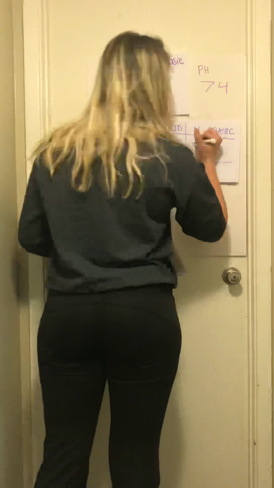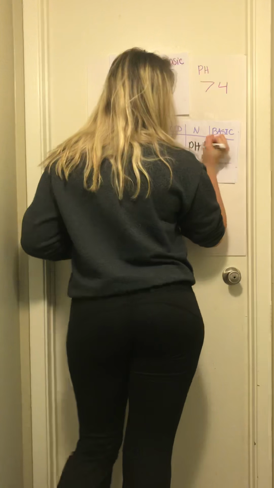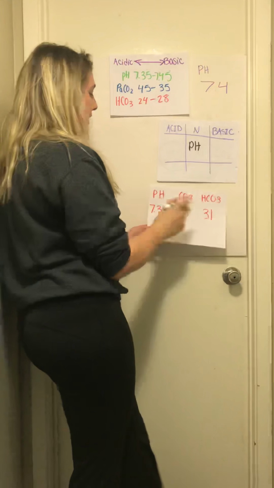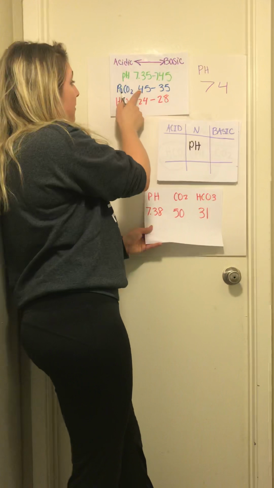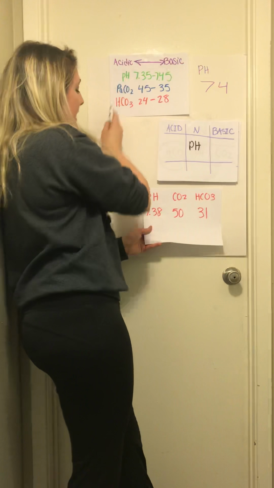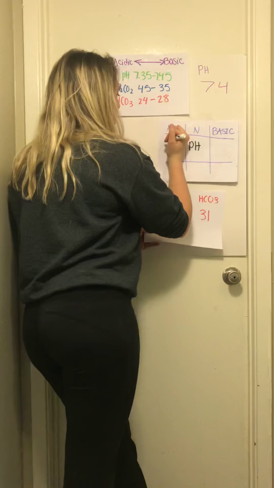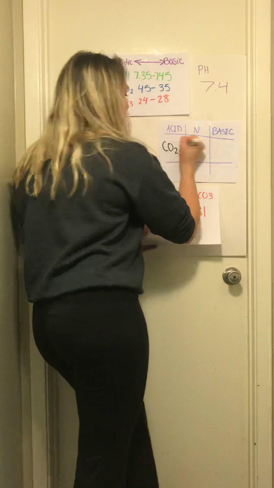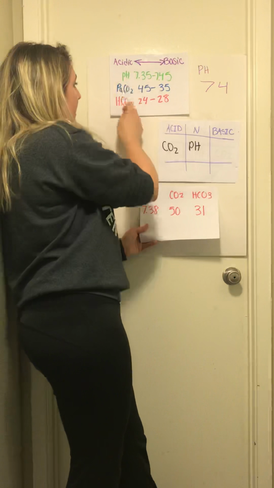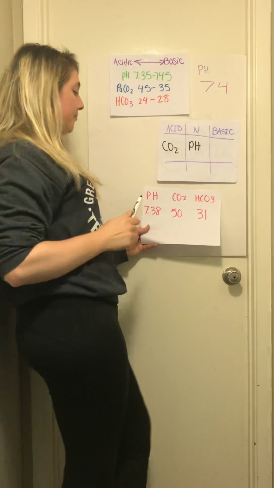So we write our pH in the normal here. And then we work on CO2. Well, CO2 is 50. 50 is greater than 45 and lands on this acidic side. So 50 now is going to go in the acid. So we're going to CO2. It's 50 acidic, greater than 45 acidic.